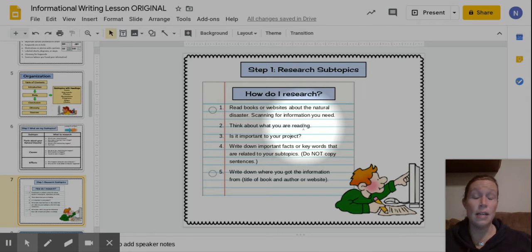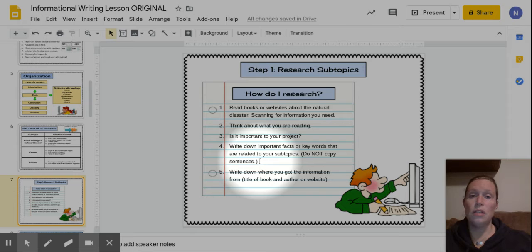If it isn't, skip that paragraph and look for the next one. Is it important to your project? Is the information you're looking at going to be part of your project? If not, you don't need to read it. Skip that part.